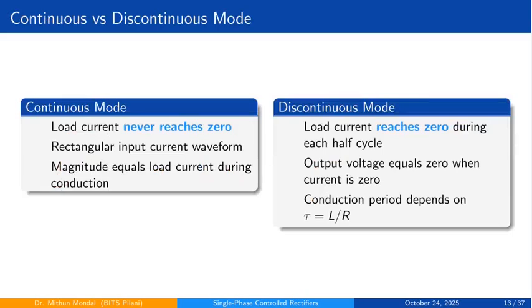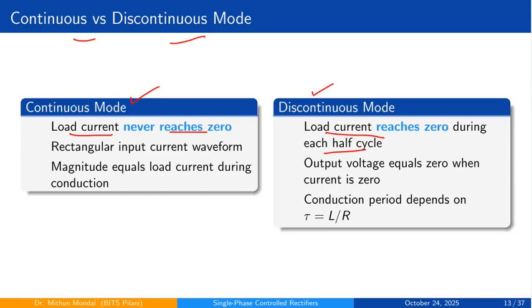There are 2 important modes. One is the continuous mode of operation, another is the discontinuous mode, when there is an RL load connected. Let us see what the continuous mode is. The load current never reaches 0 in this case, but if the load current reaches 0 during each half cycle, then that is a discontinuous mode of operation.